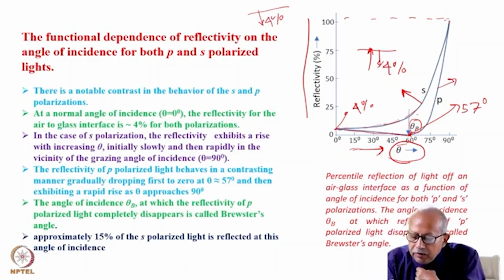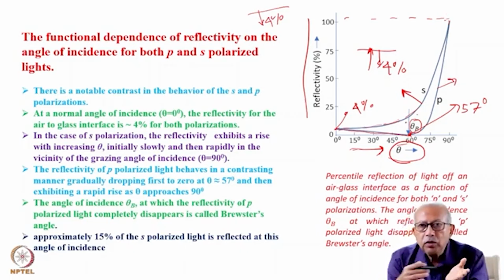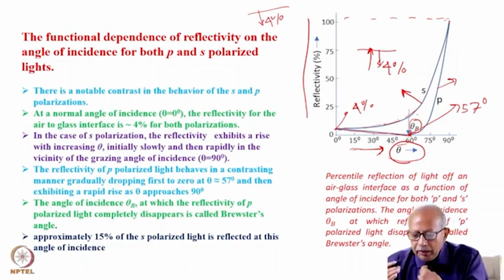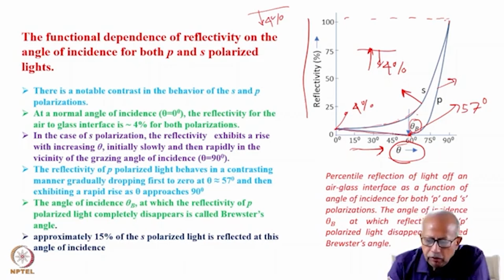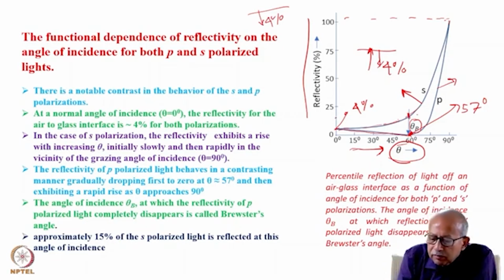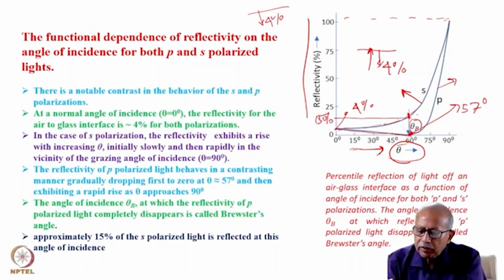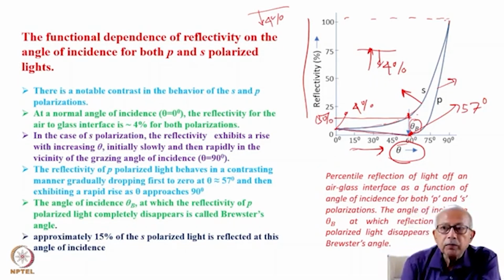This angle of incidence is called, as we have seen, Brewster angle of incidence, for which P polarization cannot be reflected. And another important observation is that at Brewster angle of incidence, S polarization has a reflection which is 15%. So at Brewster angle, P polarization exhibits 0 reflection and S polarization exhibits 15% reflection.